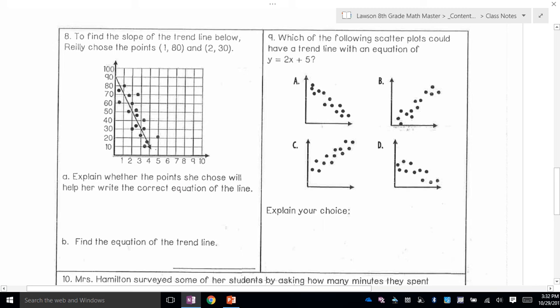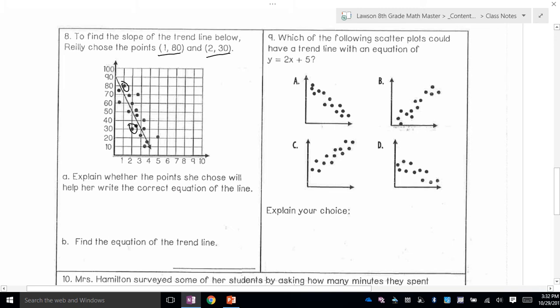So I'm going to go plot 180. 1 up 80. Oh, so she chose this point, not on the trend line. Doesn't seem like Riley was listening to her teacher, huh? 2 and up 30. So these 2 points that I just circled are the 2 points that Riley chose to use to find her slope.